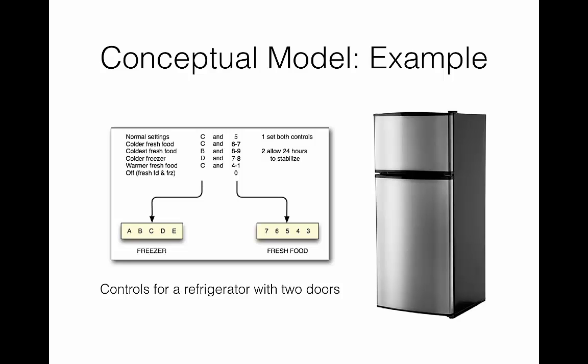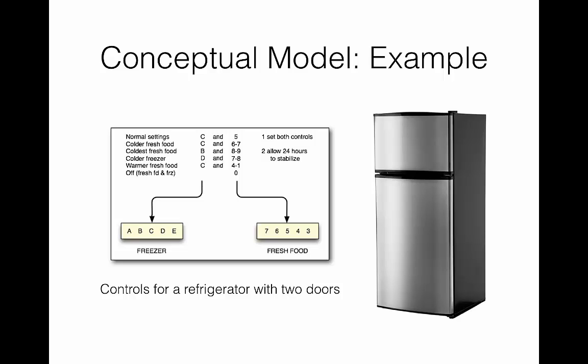Okay, so it sounds like the higher numbers mean colder temperature for the fresh food. Now if we want the coldest fresh food, we turn the freezer control to B and turn the fresh food control all the way up to 8 or 9. The 8 or 9 seems to make sense, but why are we messing with the freezer control? And why are we turning it down?